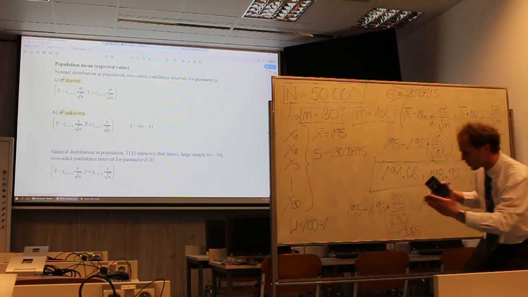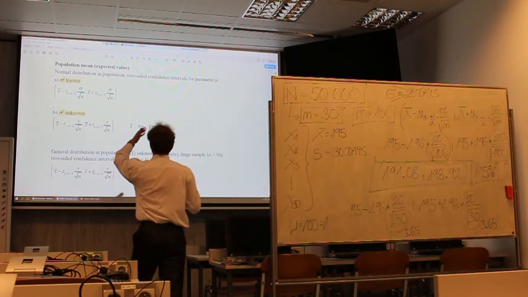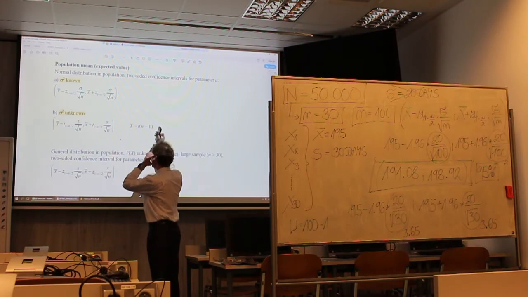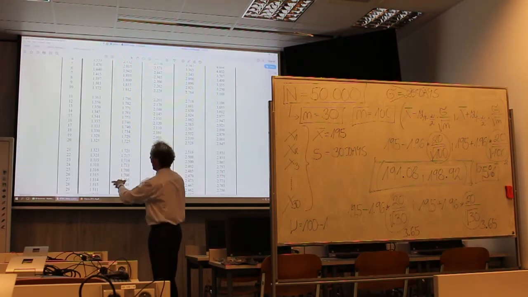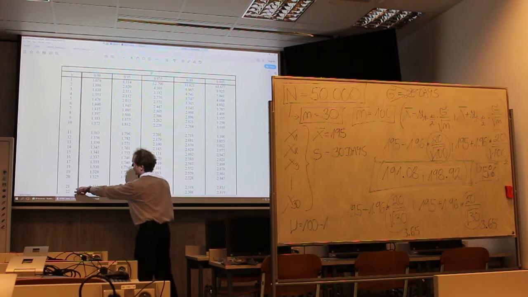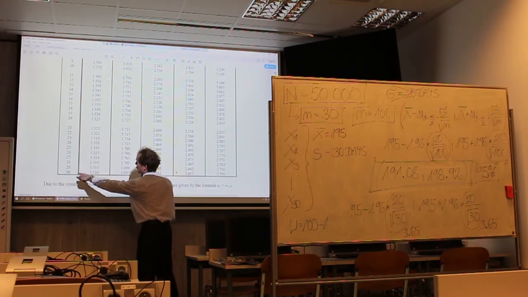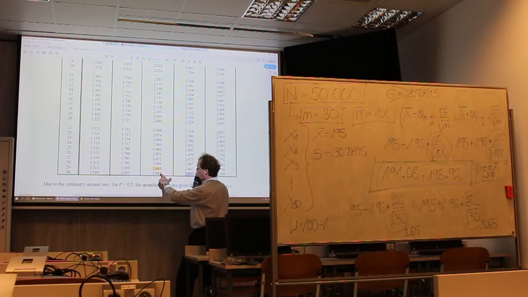So we should find the student T quantile with 99 degrees of freedom, and in the table there are only 30 degrees of freedom. So we should use the value 2.042, the last value, in the middle column.